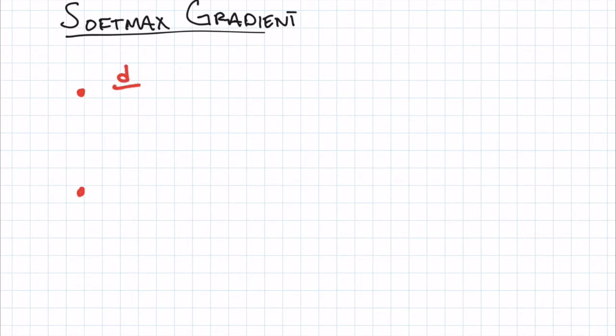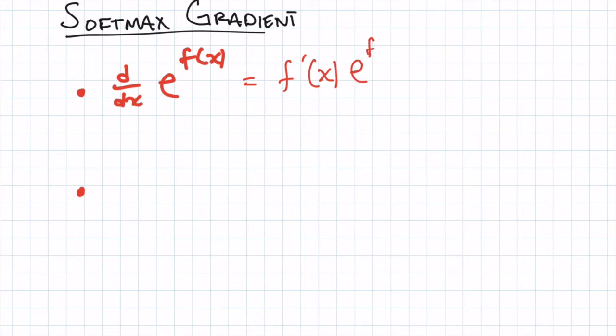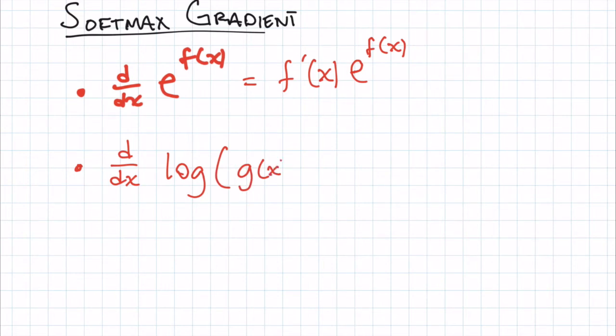So first, the derivative of e to the f of x equals f prime of x times e to f of x, and the derivative of the log of some g of x equals g prime of x times 1 over g of x.